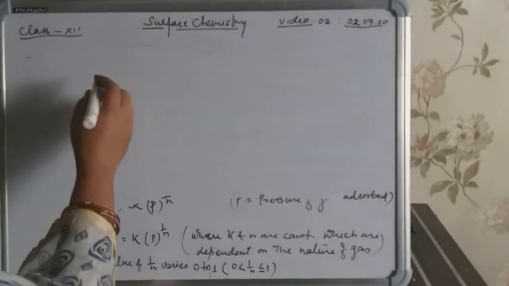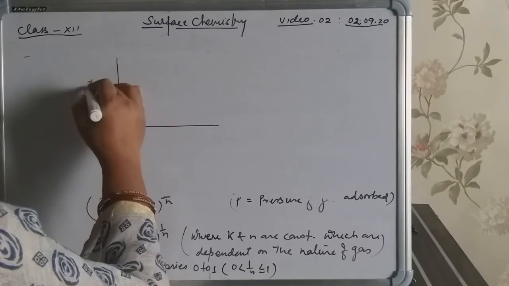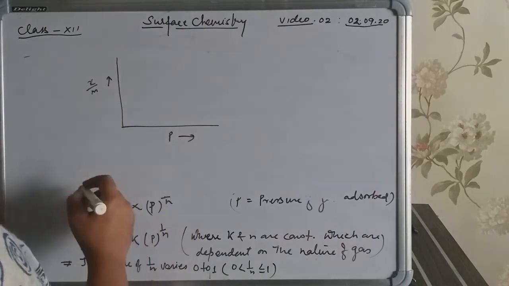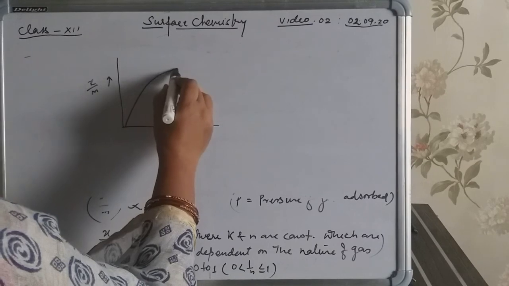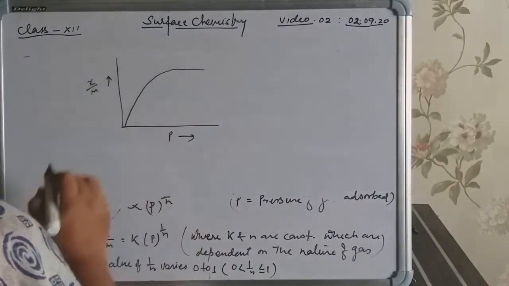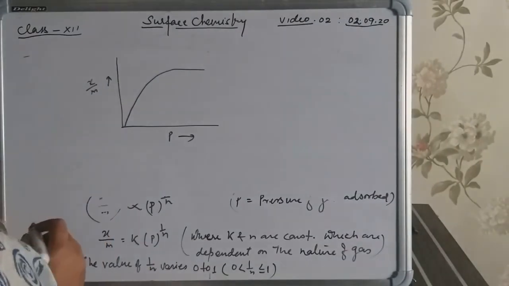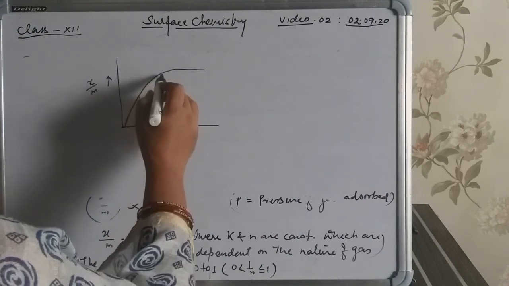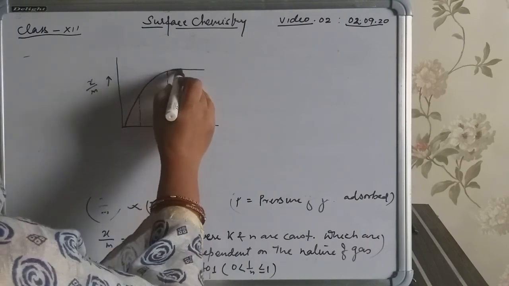So he plotted a graph of x by m versus pressure, and he found a graph like this, and this graph is divided into 3 parts: one part, second part, and this is the third part.